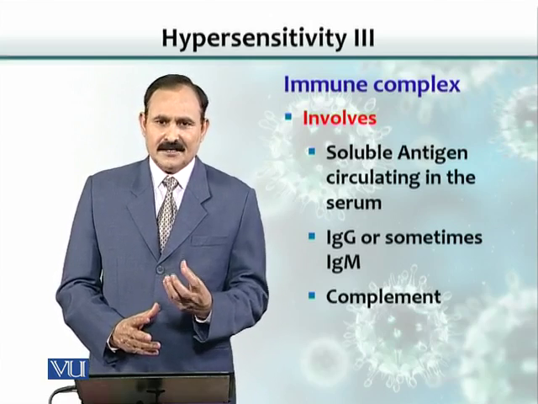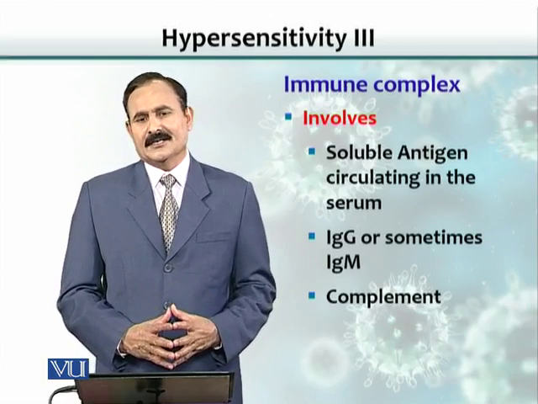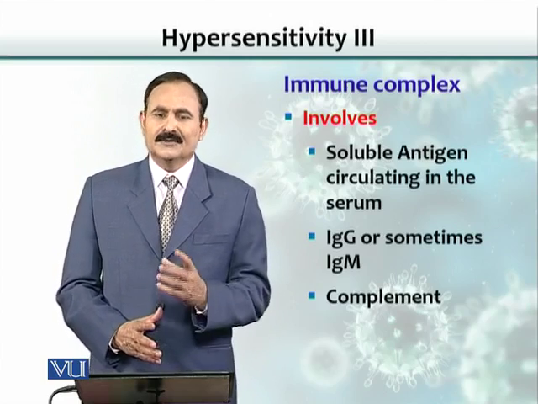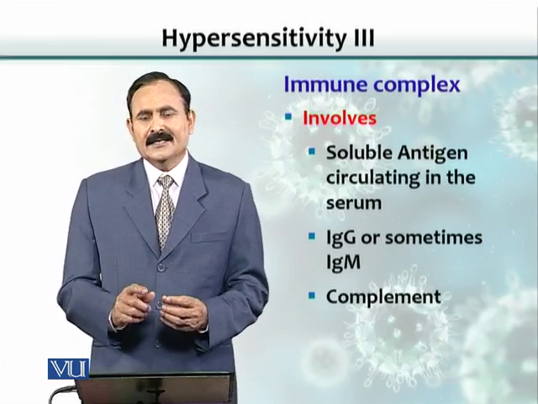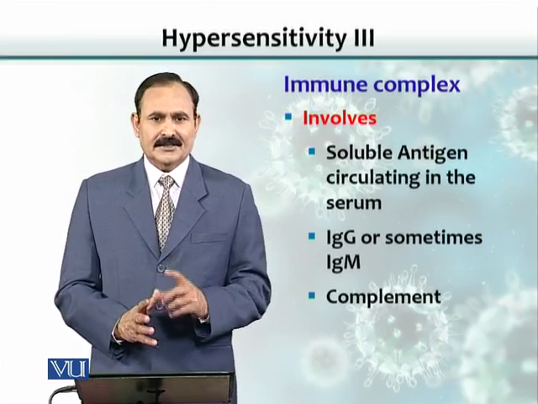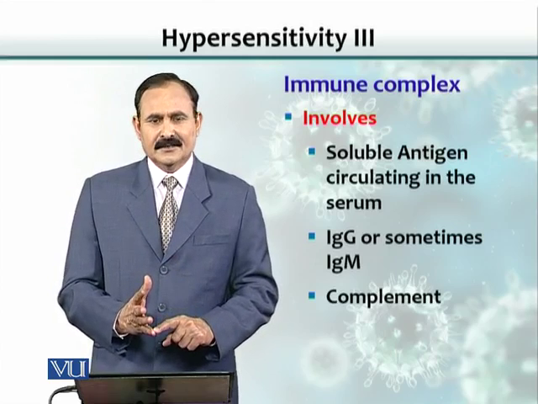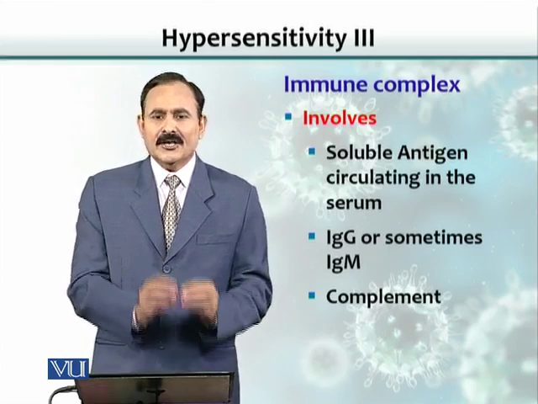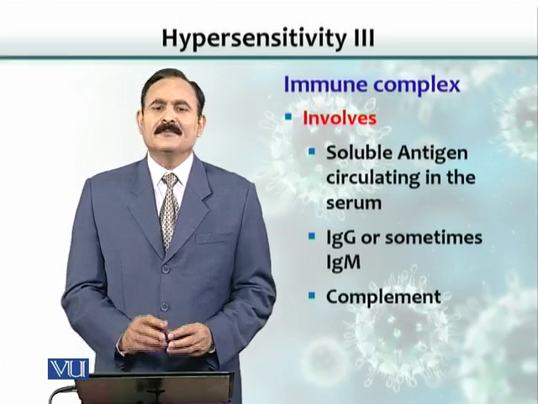There are special structures in the kidneys, the glomeruli, that do this job of filtration. These complexes lodge there, and as this is an antigen-antibody interaction, as soon as they lodge, they activate the complement also.